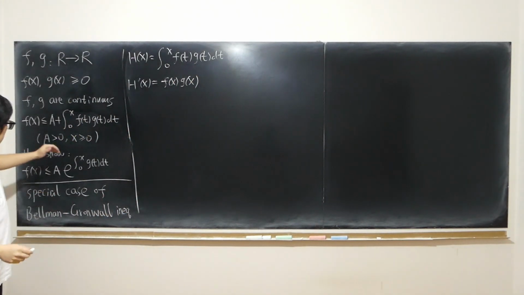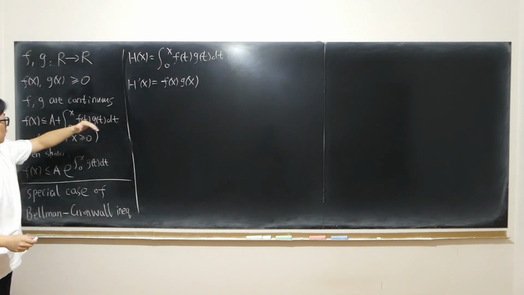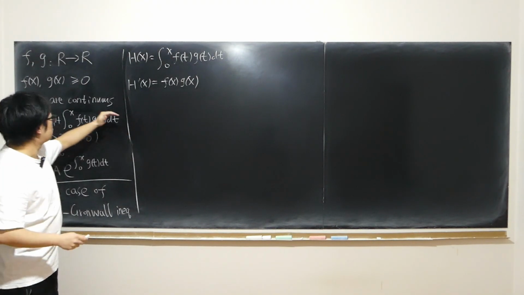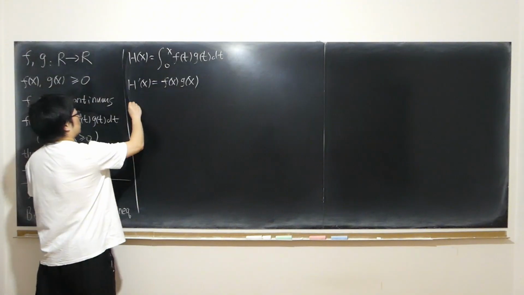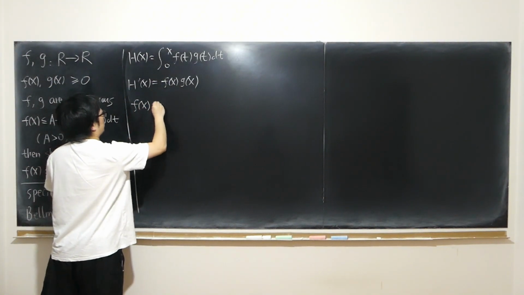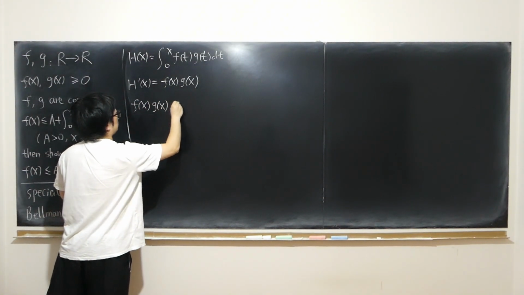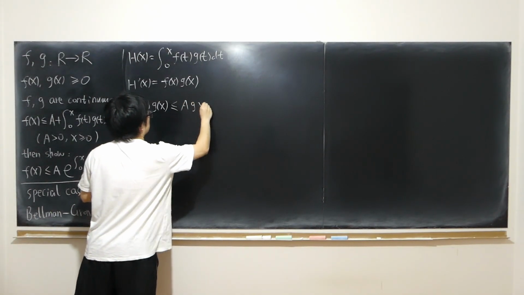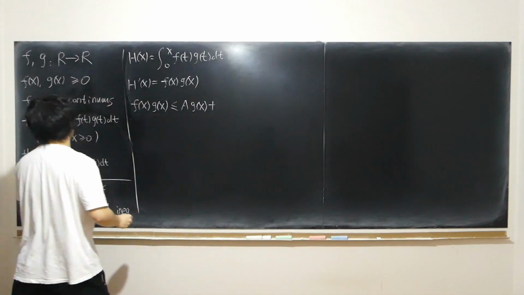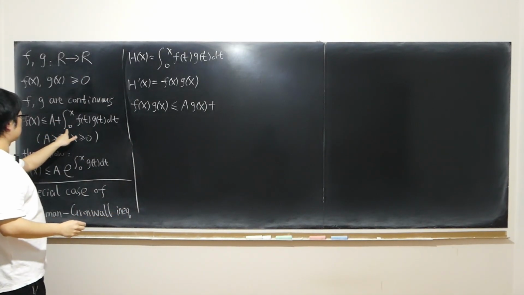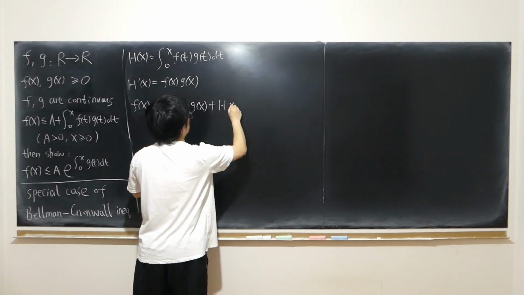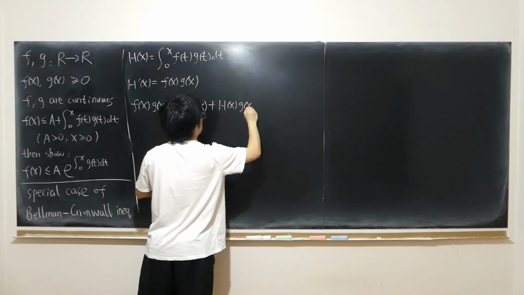Now, given this condition, f of x is less than this, so I multiply by g of x on both sides. Still the same direction because g of x is positive. So f of x times g of x is no larger than a times g of x plus h of x times g of x.